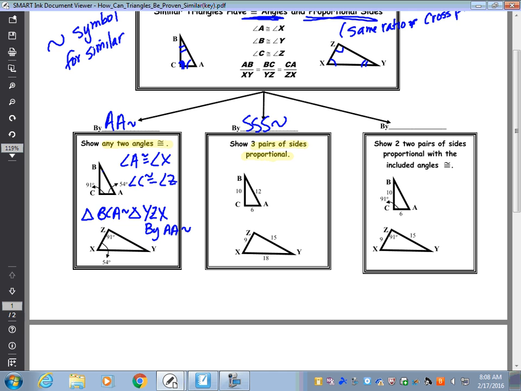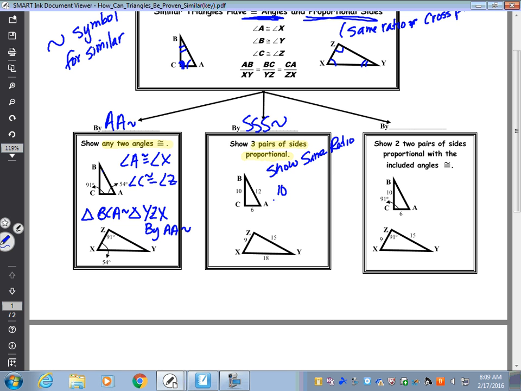To show they're proportional, we need the same ratio or same cross product. So if I line up corresponding sides, BC corresponds with YZ.